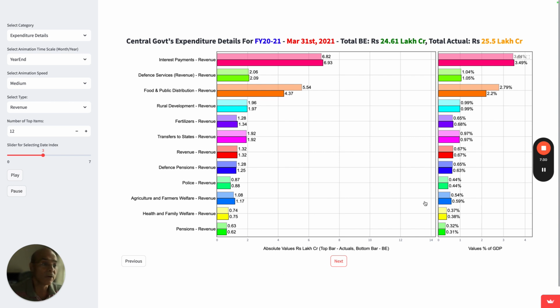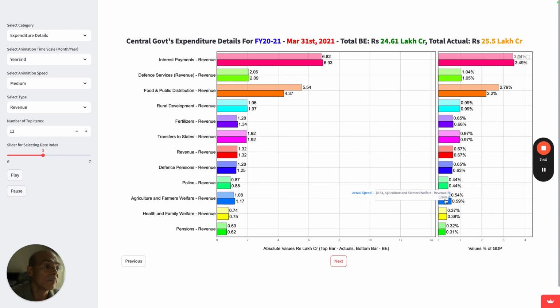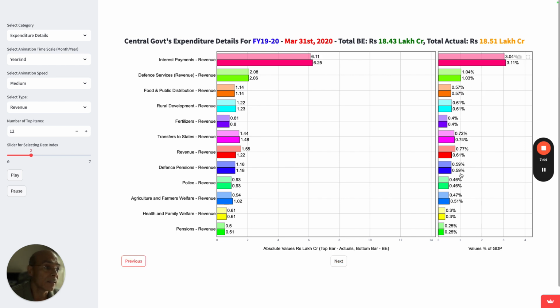Now it has become 3.44%. Now let's look at the defense pension as well as the central government pension as a percentage of GDP. What happened to that? There has been an increase from 0.59% in case of defense pension, which was the number in the earlier financial year, FY20.